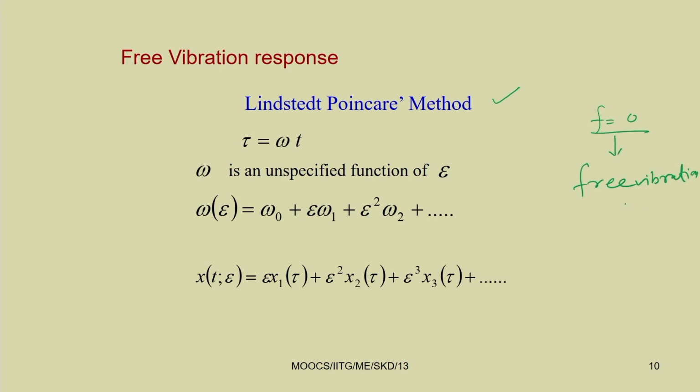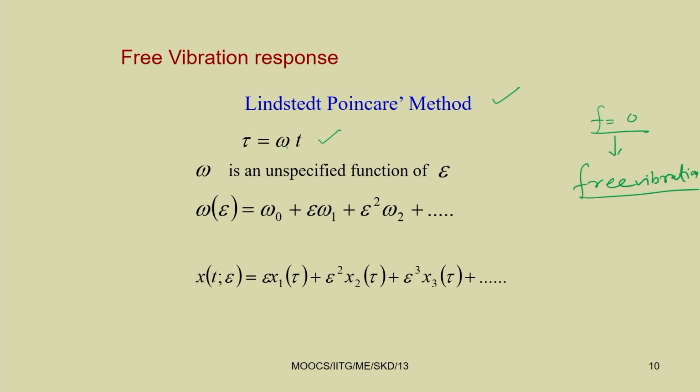In the case of free vibration with the Lindstedt-Poincare method, we generally write the equation in this form: we take tau equal to omega t, where omega is a non-specified function of epsilon, and we take omega equal to omega 0 plus epsilon omega 1 plus epsilon square omega 2.